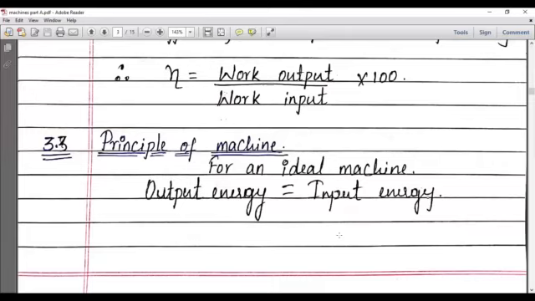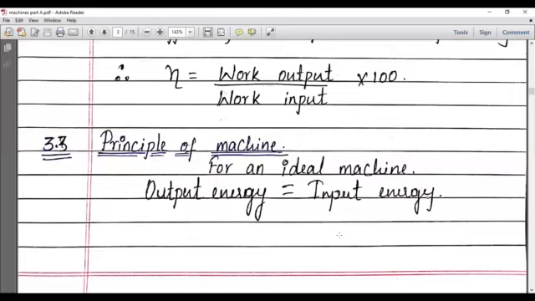The output energy is the energy which is given out by the machine. You get this output energy at the load point. So work obtained at the load point is known as output energy.